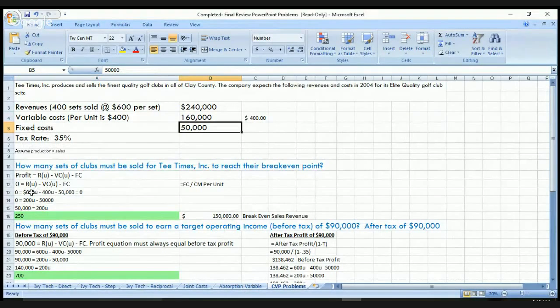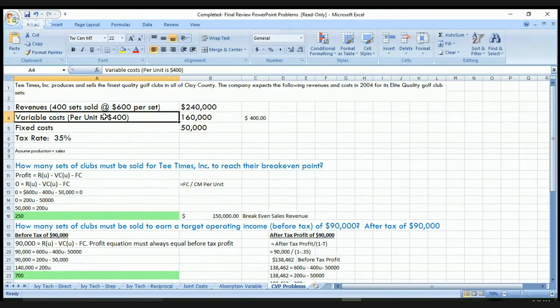So what I'm going to do is remember the revenue minus the variable cost minus the fixed cost. Well, the revenue is $600 per unit, so that's 600U. My variable costs are $400 per unit. Now, how did I get that? We sold 400 sets, so I'm taking 160,000 divided by 400.